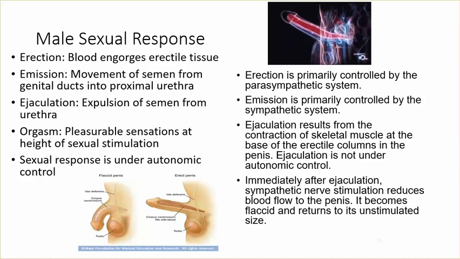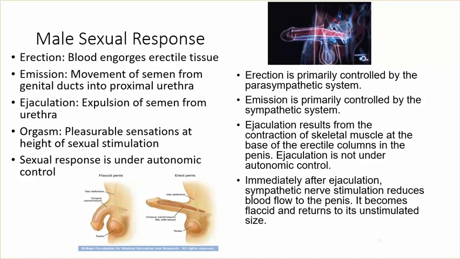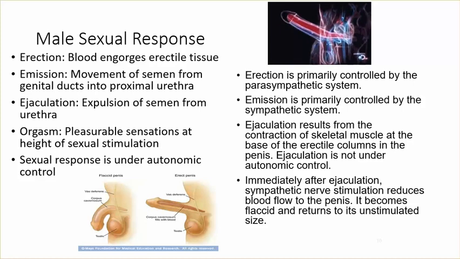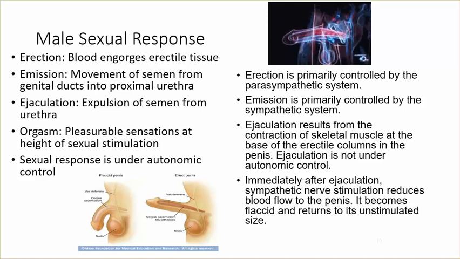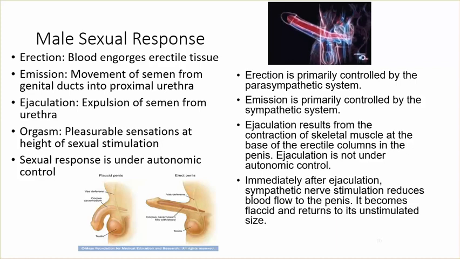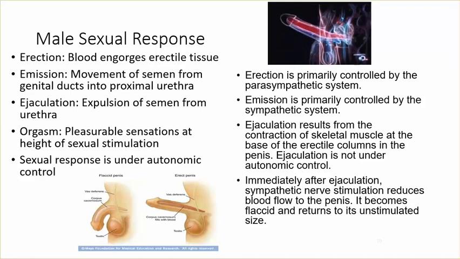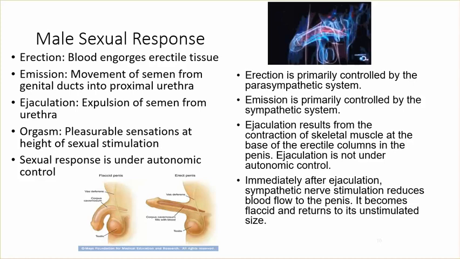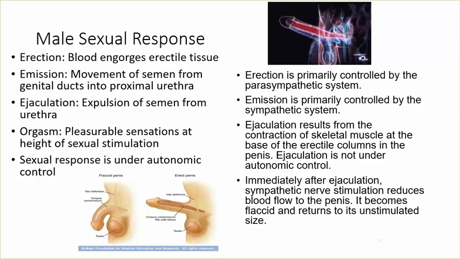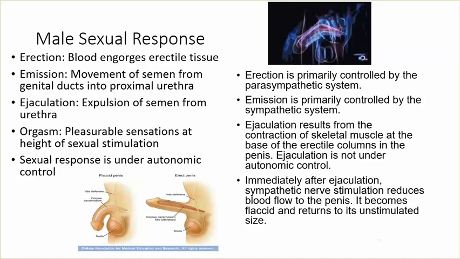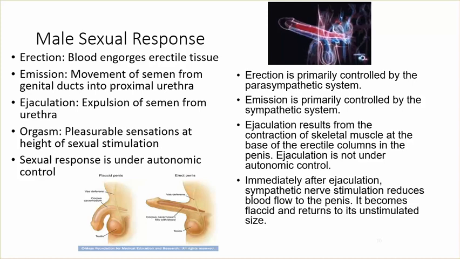They're called the corpus spongiosum and the corpus cavernosum. And during sexual excitement, which is a parasympathetic response, so stress works against it, these areas fill with blood and the penis enlarges and becomes stiff because of engorgement of blood.